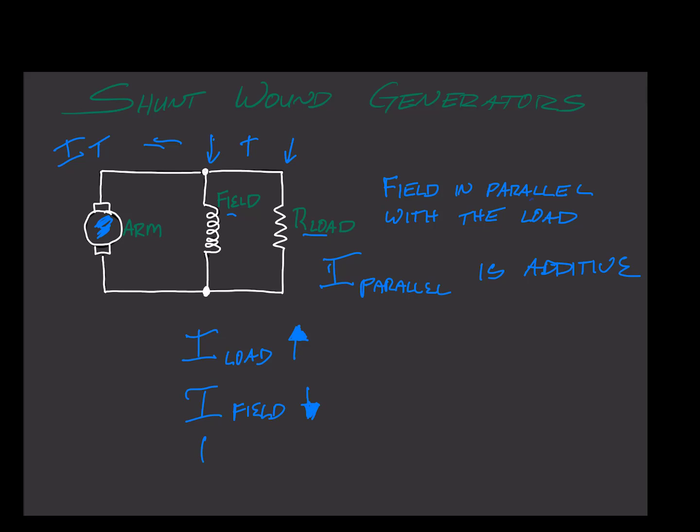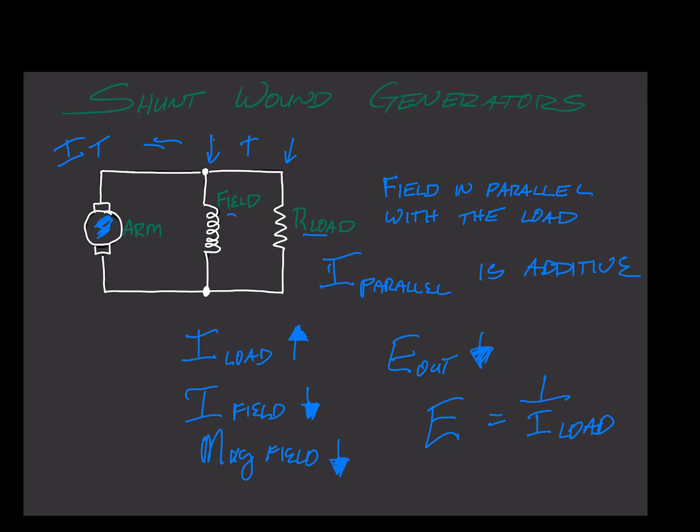In which case the current, or the magnetism, of the field will decrease, and that'll cause our E out to decrease. So here our voltage out is inverse to the current of the load.